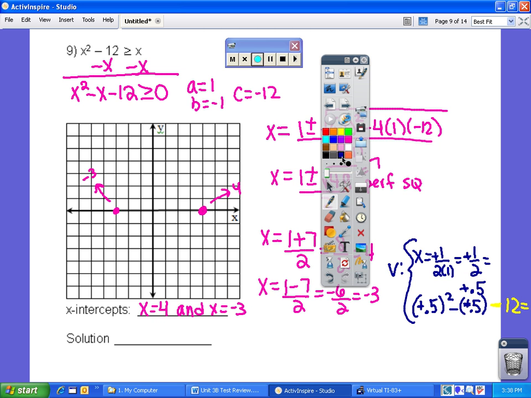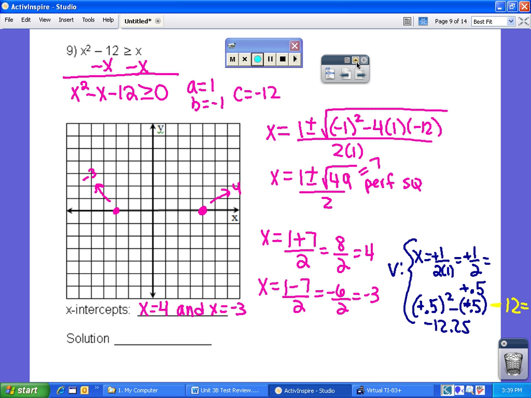And that is negative 12.25. So your vertex is at negative 0.5 and negative 12.25. So we go to negative 0.5, which is here, and count down to 12. Ooh, almost ran out of room.